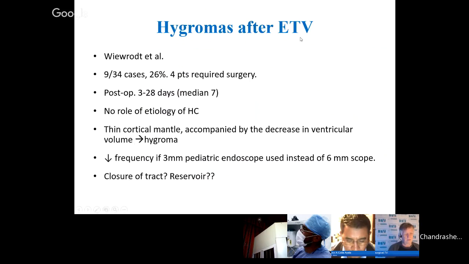Hygromas after ETV are a common nuisance, especially in neonates, and especially when there is a thin cortical mantle, and it is less common if you use a small endoscope. We usually try to treat this conservatively. Very rarely, in fact, I have had 2 patients where I have had to close the tract to get rid of the subdural completely.